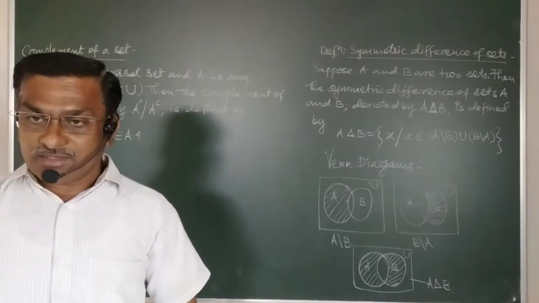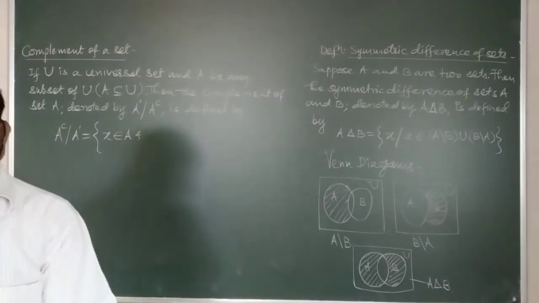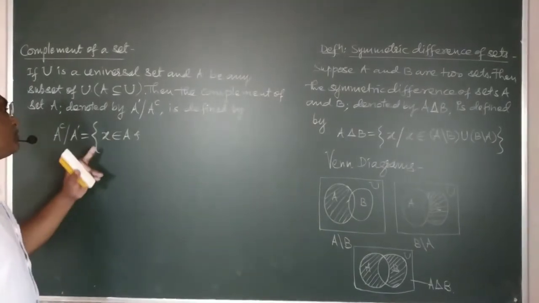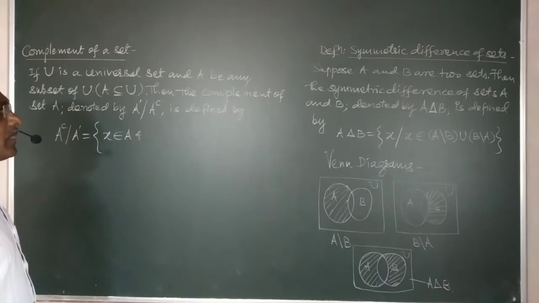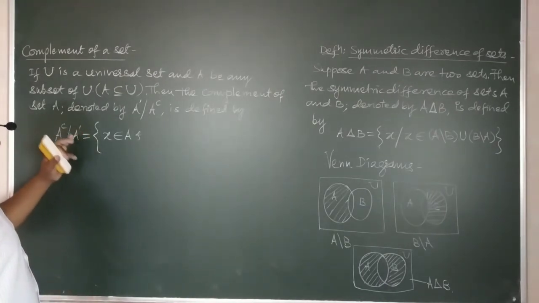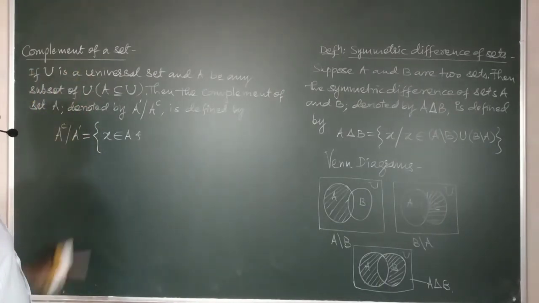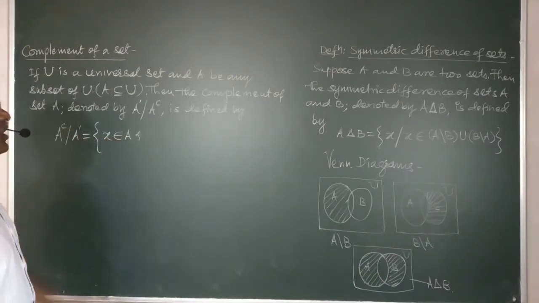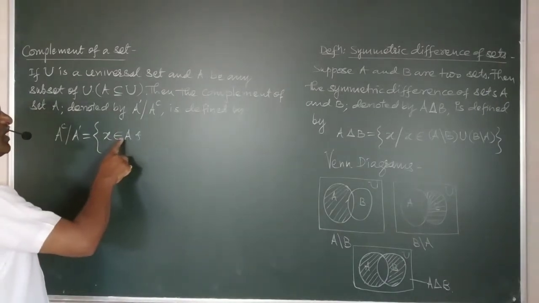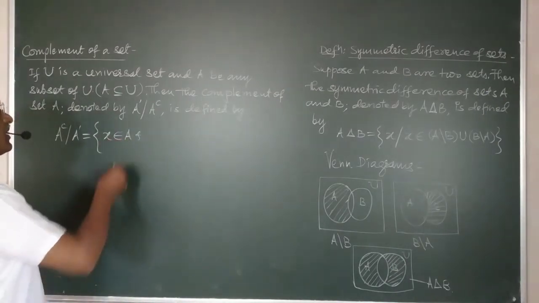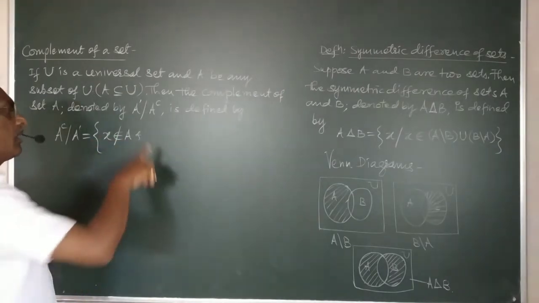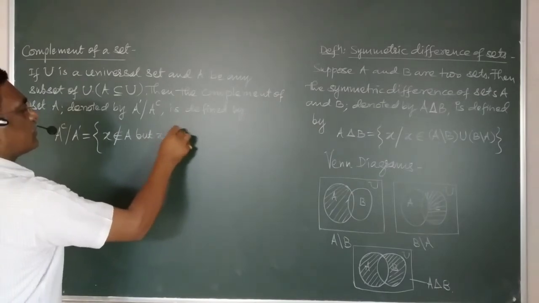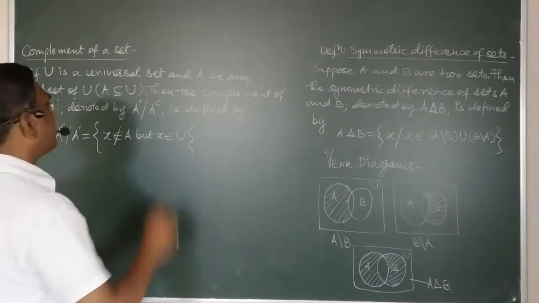What is the complement of a set that you have known? If you write x belongs to A, then it will not define the complement of a set. Instead, I should write x does not belong to A, but x belongs to U. This is the complement.